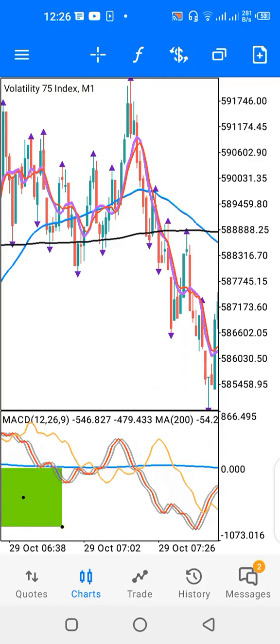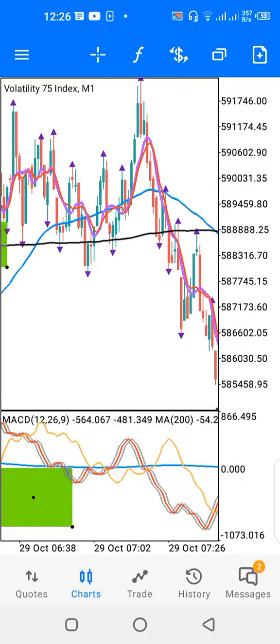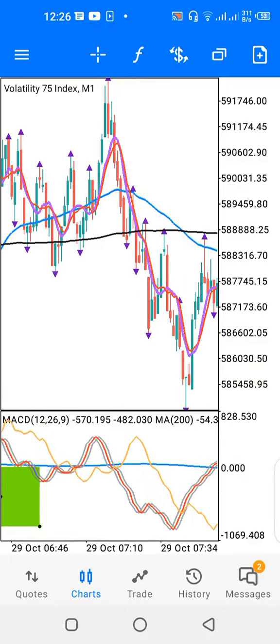So how does this strategy work? You can use it on any time frame, but for this illustration, I'm going to use the 1 minute time frame to explain how it works. The explanation will be done first for the main chart.